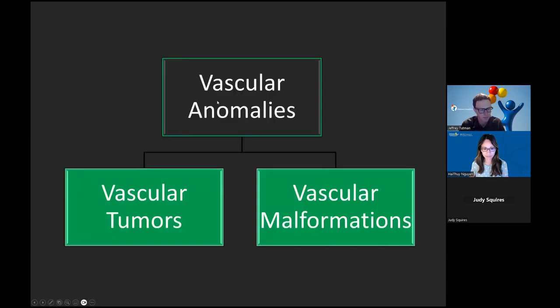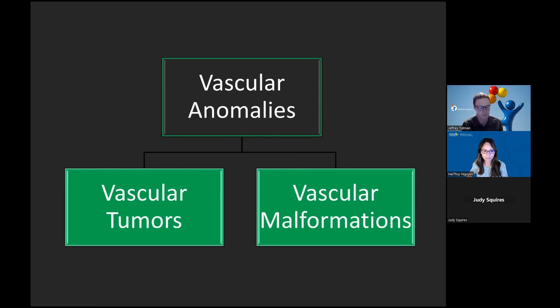Basically, what the ISSVA classification tries to do is separate things into two main camps: vascular tumors and vascular malformations, which I think is a very good way to start thinking about these lesions when you're imaging them. A vascular tumor is like any other tumor, like a Wilms tumor.